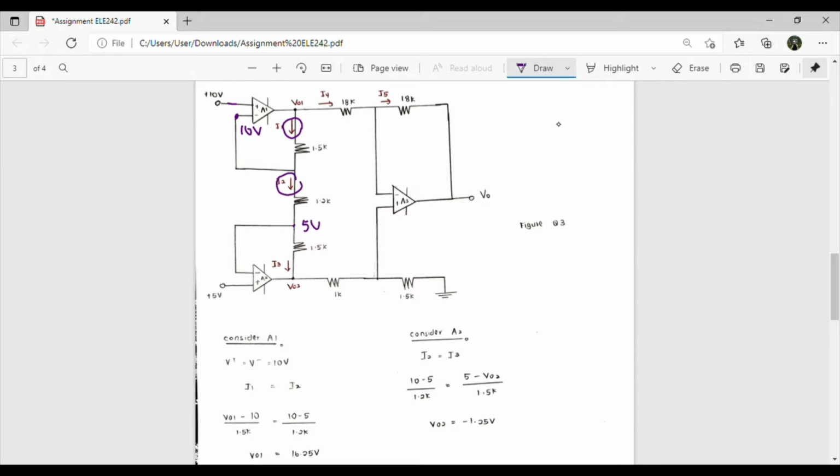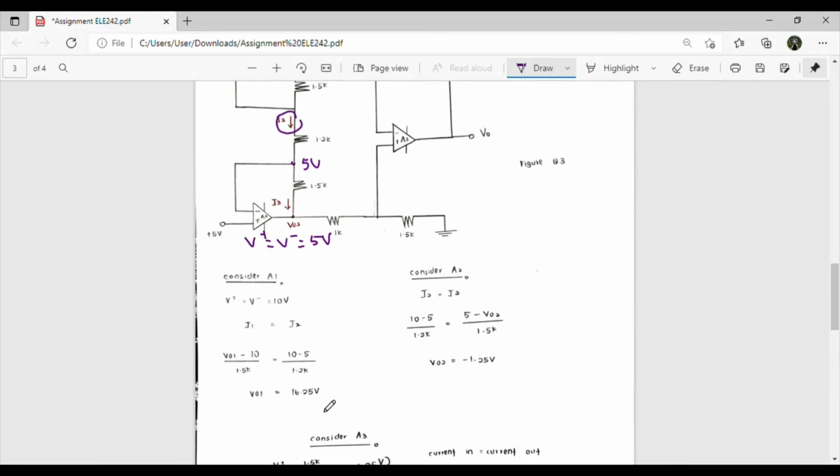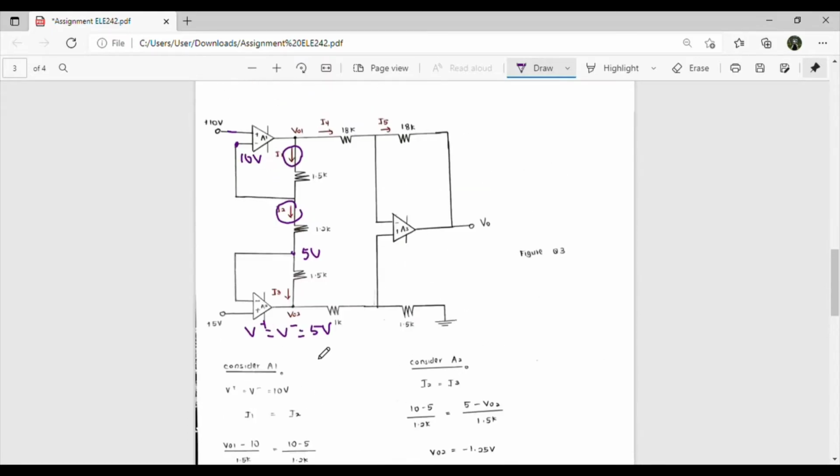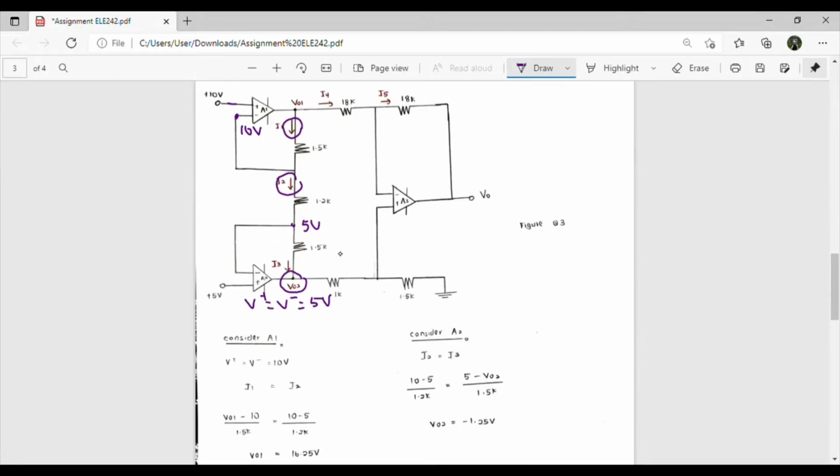Because here V plus is equal to 5 volts, so V plus is equal to V minus, equal to 5 volts. Then we get the value of V node 1, which is 16.25 volts. Next, I2: (10 minus 5) divided by 1.2k equals I3: (5 minus V node 2) divided by 1.5k. Then we get that V node 2 is equal to negative 1.25 volts.